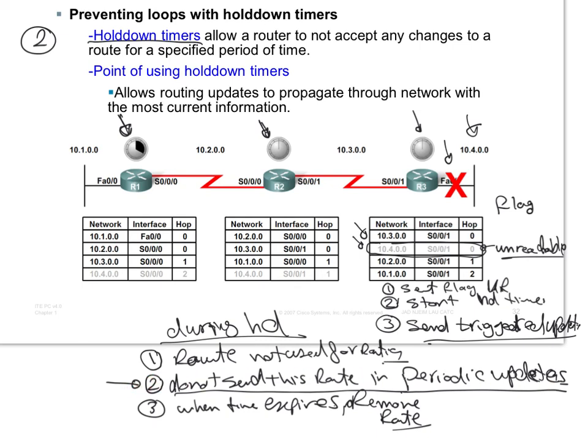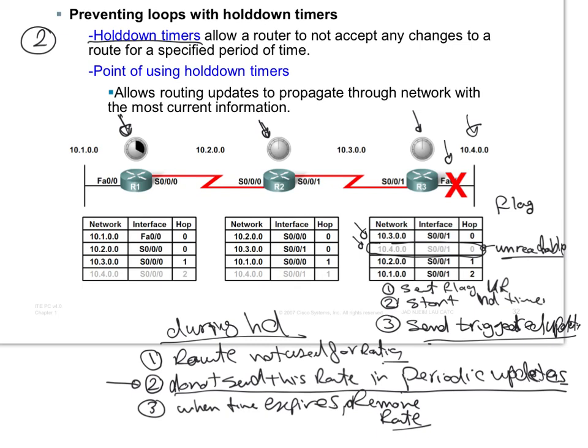Clear, guys? So hold down timer, of course, is much faster to reach convergence compared to count to infinity. There is no bouncing back and forth. This route is a triggered update that will get sent to everyone very quickly, and everyone should be triggered right away. However, of course, as you can see, the logic is complicated. Count to infinity is very simple.